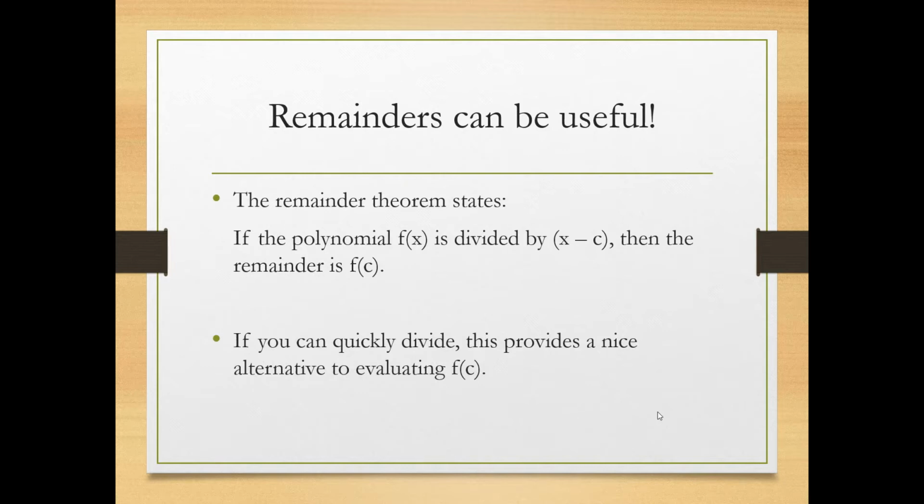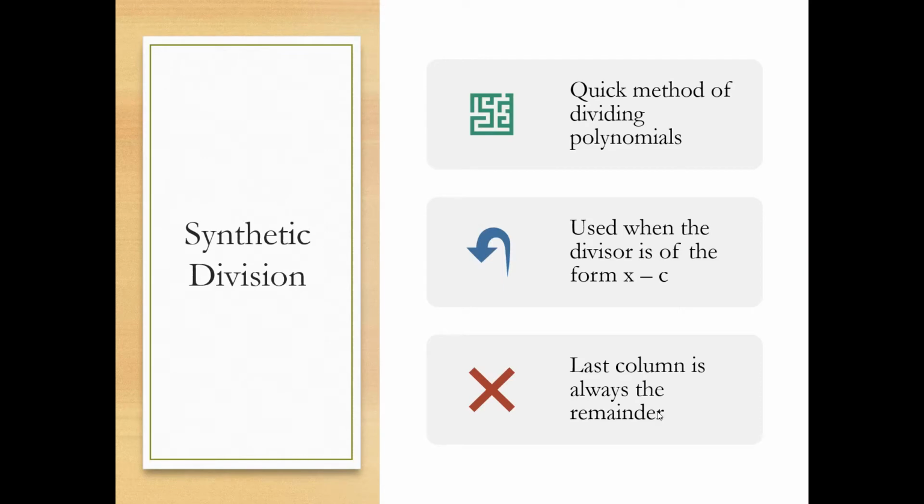So what it means is that we don't have to plug in the values and evaluate. We can just use synthetic division. We've already done synthetic division. That was that quick method of dividing polynomials. We used it when the divisor is of the form x minus c. Remember, we had like x minus 5. We used the opposite. And the last column was always the remainder. So you've already got all the techniques that you need.